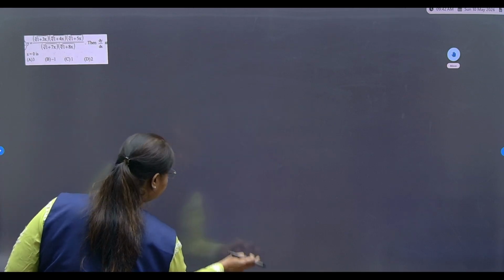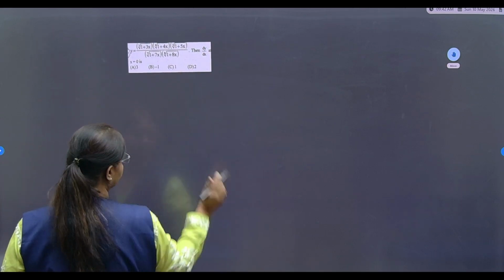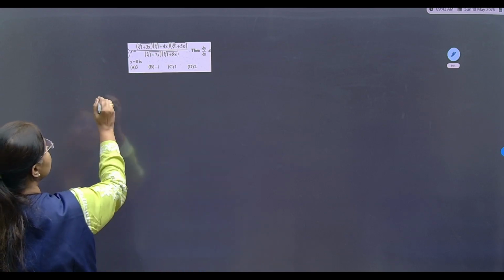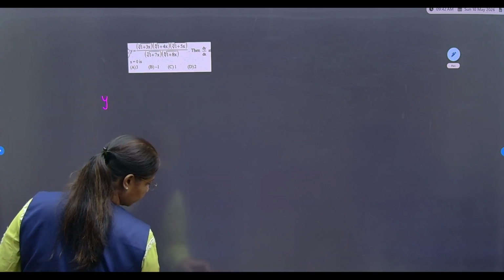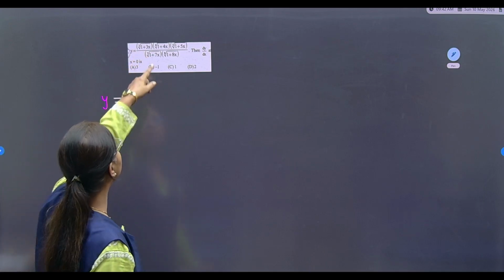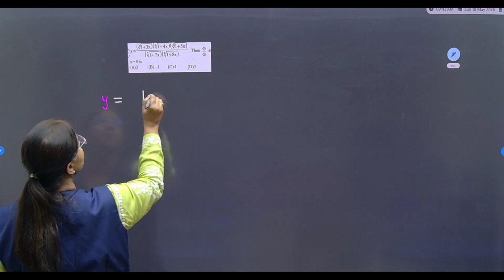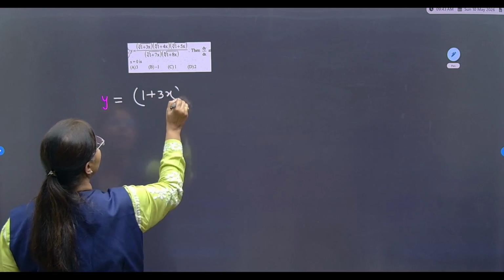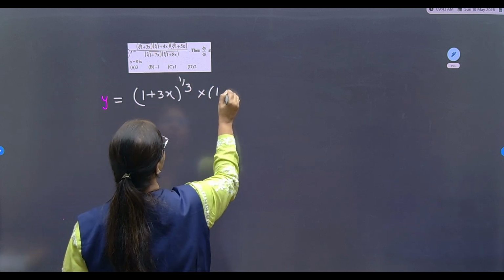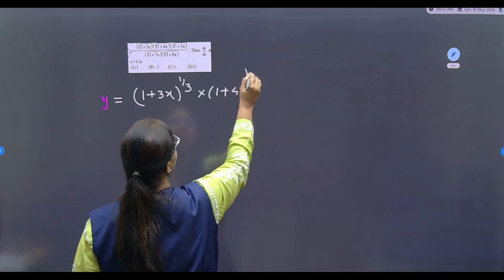Next. y is equal to the cube root of 1 plus 3x. Cube root means raised to 1 by 3. Fourth root means raised to 1 by 4: 1 plus 4x raised to 1 by 4.